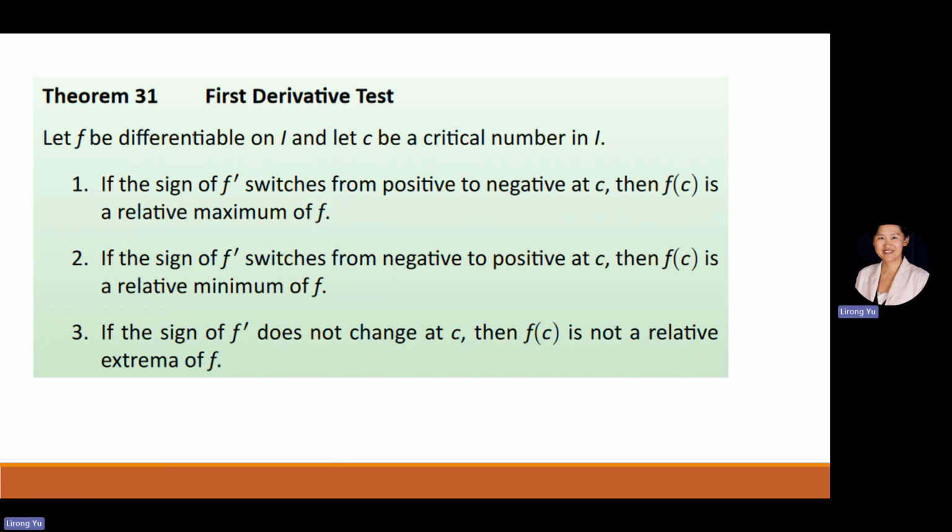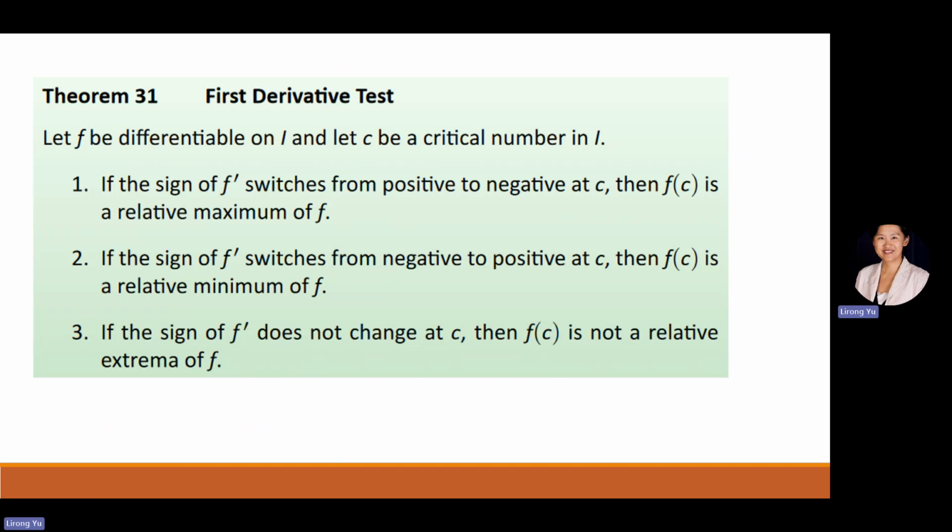It's called the first derivative test because we're using the first derivative to tell whether we have a maximum or minimum. Lastly, if the sign of the derivative does not change, you go positive, 0, and then positive again, kind of like the cubic function, then of course there's no relative minimum or maximum.